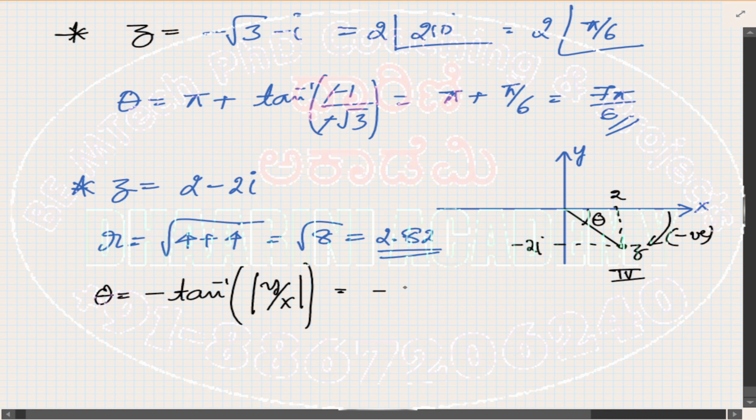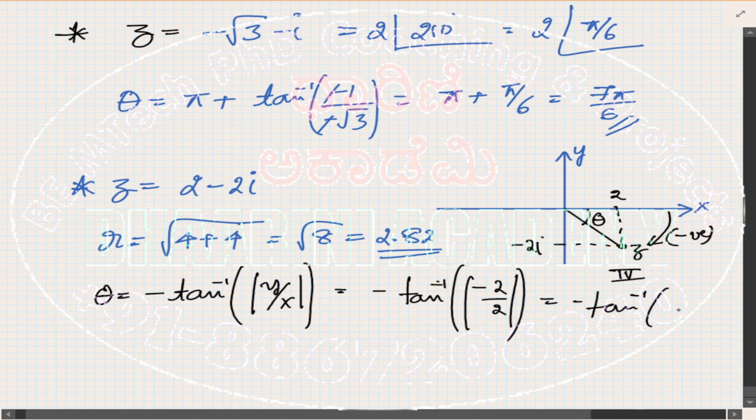So this is now minus tan inverse of, y is actually negative, minus 2 by plus 2, its magnitude. So this is minus tan inverse of 1, which is either minus pi by 4, or this is minus 45 degrees.